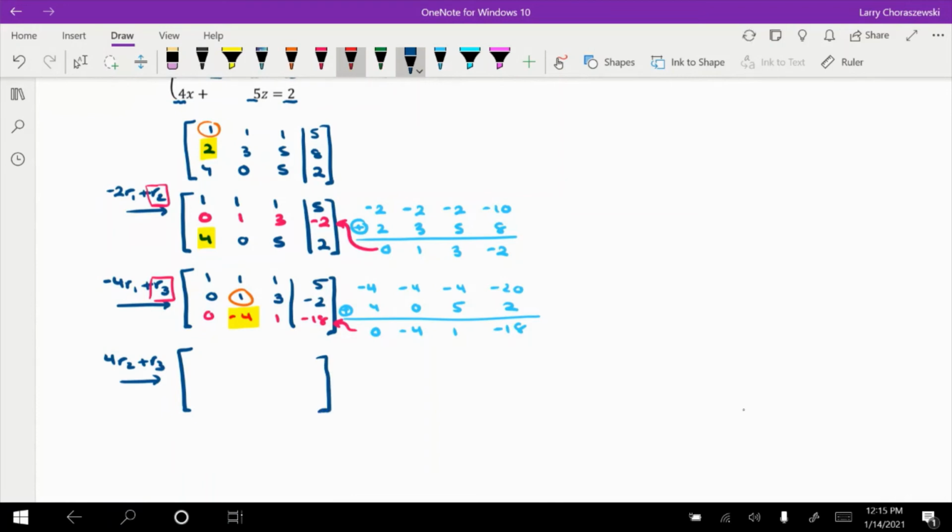The affected row here is R3. For R2, using our most recent R2, 4 R2 can be 0, 4, 12, and negative 8. And we're going to add that to our most recent R3, 0, negative 4, 1, and negative 18.